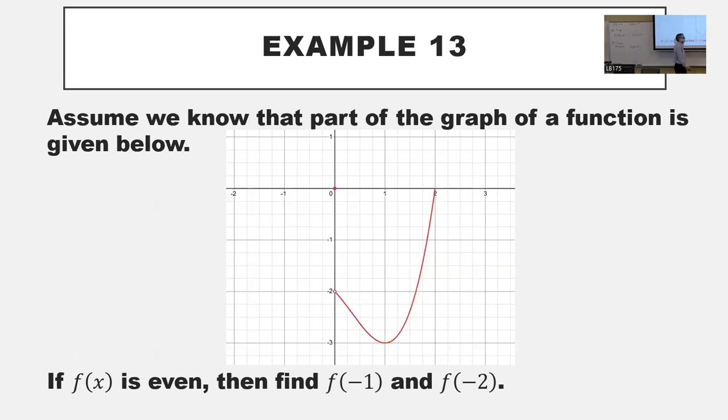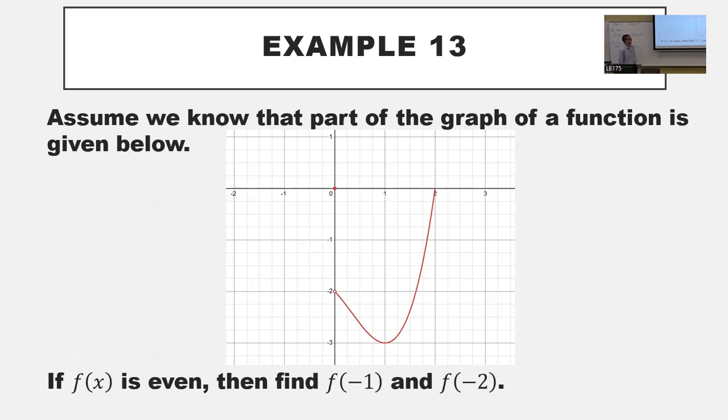We can do that graphically as well. Let's say I have a piece of a function, and I can see the graph of that function here. And let's assume f of x is even.